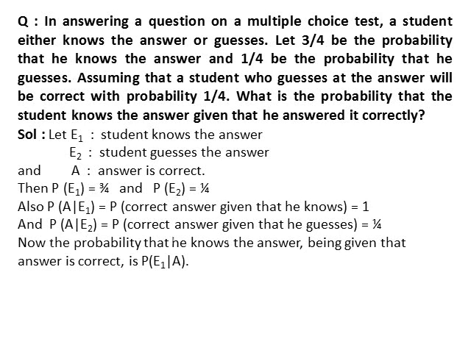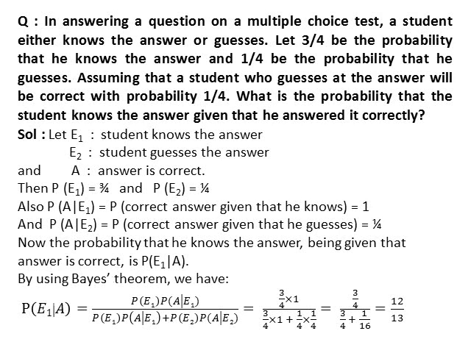Now the probability that the student knows the answer given that the answer is correct is P(E1 given A). By using Bayes' theorem, we have P(E1 given A) equals P(E1) multiplied by P(A given E1) divided by P(E1) multiplied by P(A given E1) plus P(E2) multiplied by P(A given E2).